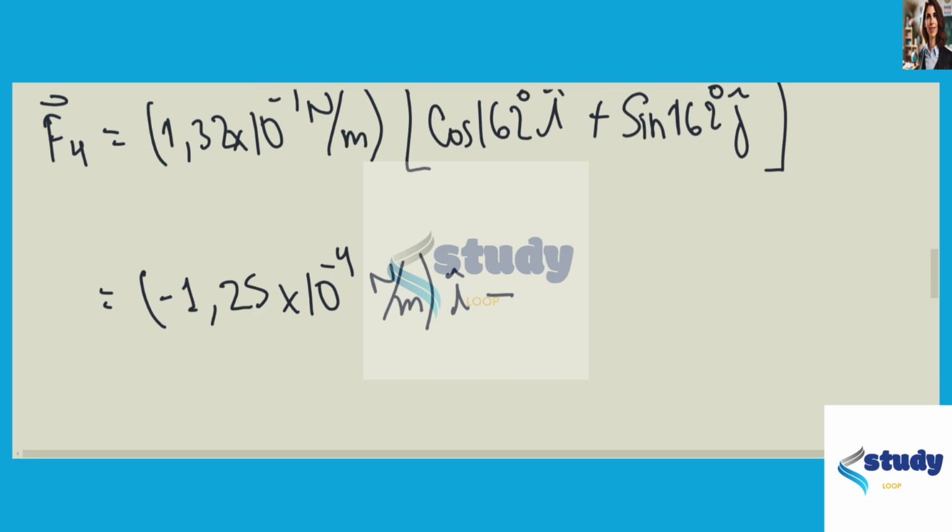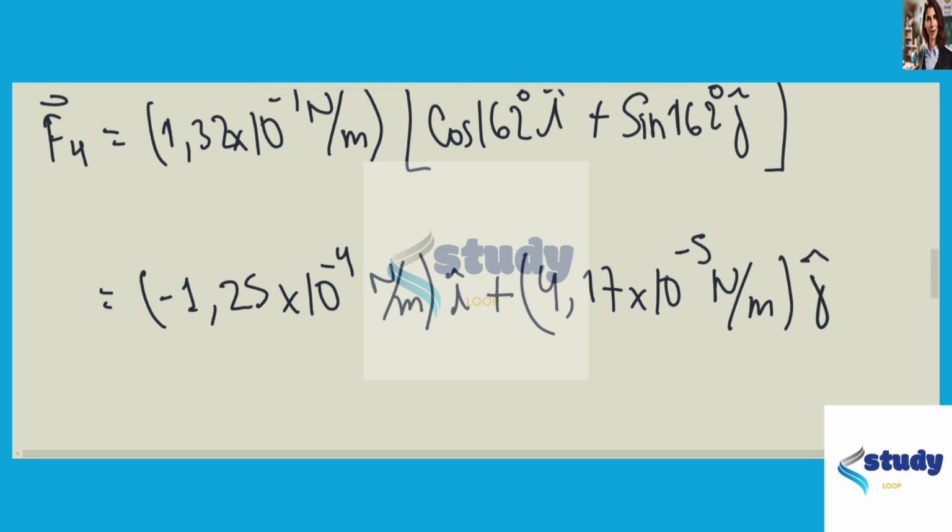And for the y component, we have obtained plus 4.17 times 10 to the minus 5 newtons per meter. So this is the net force that the wire feels because of the other wires.